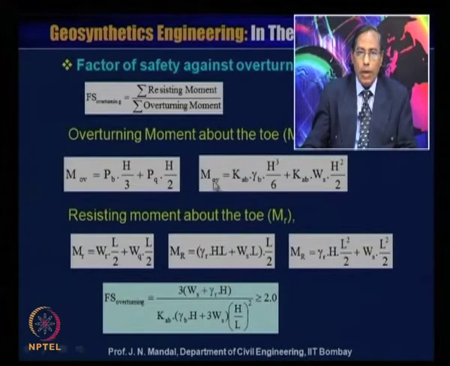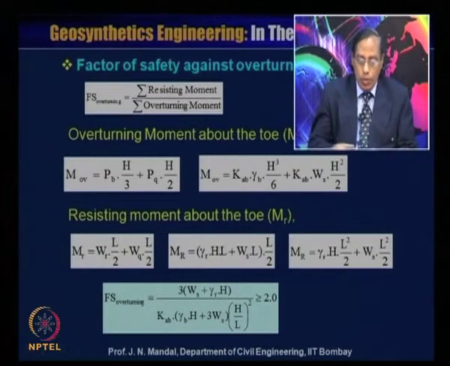So, if you substitute these values, then you can obtain PB into H by 3 as this part, and then PQ will be KAB into WS into H squared by 2. We have calculated what PQ is. So you know the overturning moment about the toe, and you also require the resisting moment about the toe.